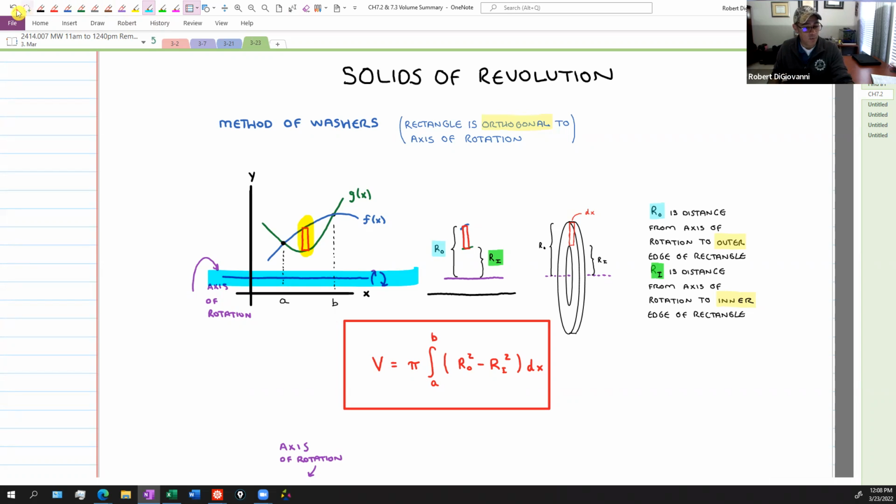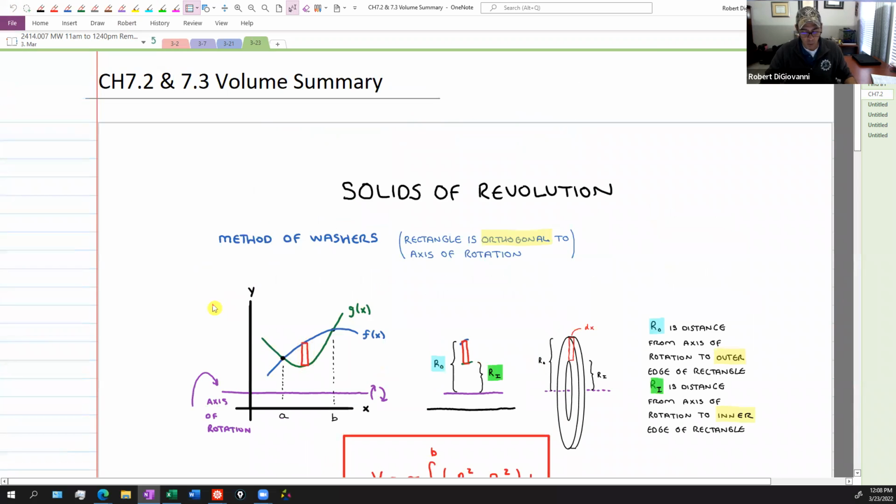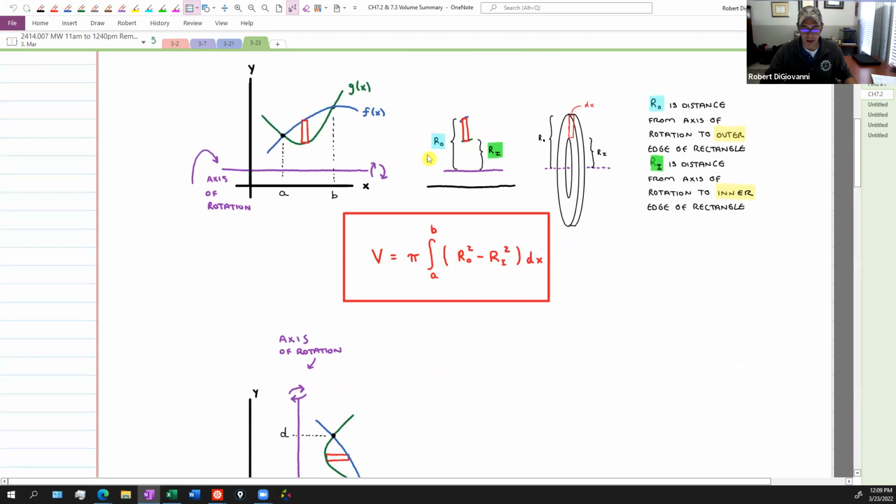And in that event that we use washers, what we're going to do is draw this little thing, figure out what I call R out and R in. All you're going to do is figure out what R out is, figure out what R in is, and then plug into the formula. And here on the side, R out is the distance from the axis of rotation to the outer edge of the rectangle. R in is the distance from the axis of rotation to the inner edge.